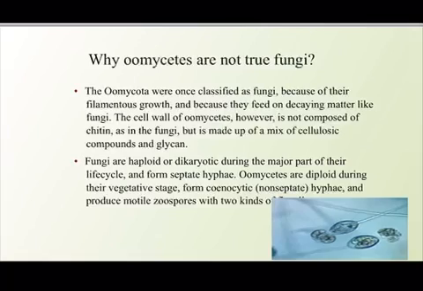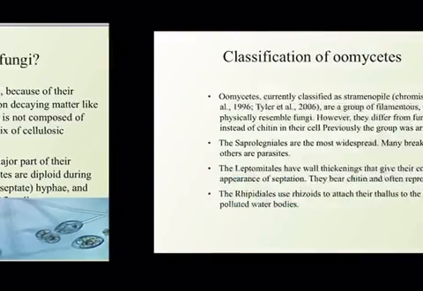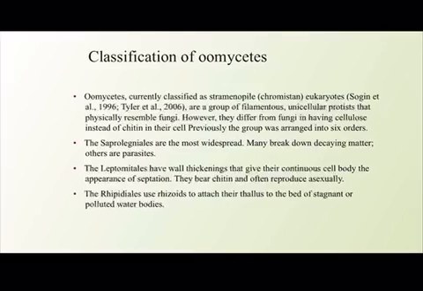Fungi are haploid or dikaryotic during the major part of their life cycle and form septate hyphae. Coming to the next slide, oomycetes are currently classified as stramenopile eukaryotes. They are groups of filamentous unicellular protists that physically resemble fungi. However, they differ from fungi in having cellulose instead of chitin in their cell wall.